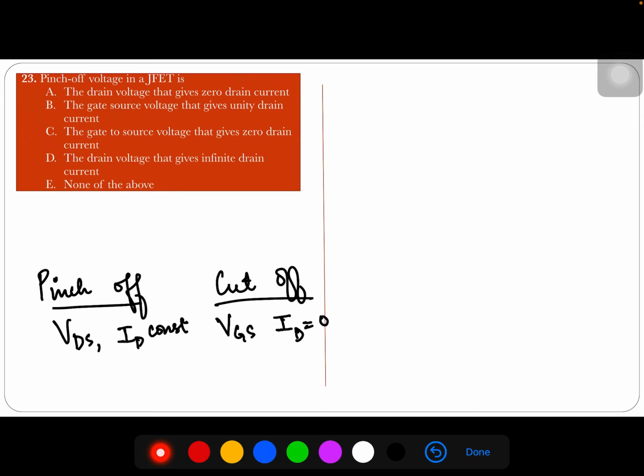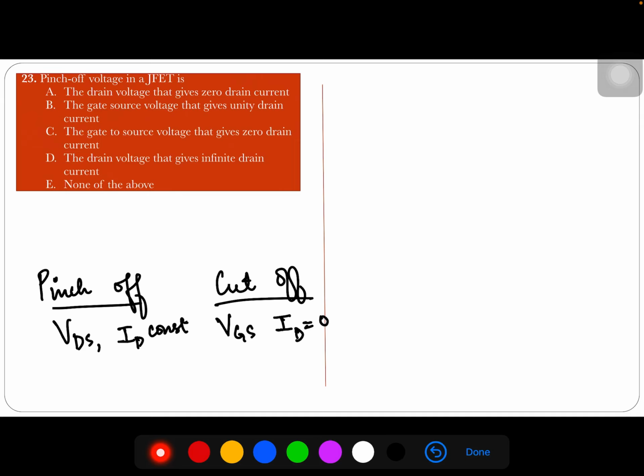But according to the given options, we have to choose the most appropriate answer. So if in the options you are not getting the correct definition as far as you know, then you consider pinch off as the cutoff voltage, because in some books pinch off is basically considered as cutoff.